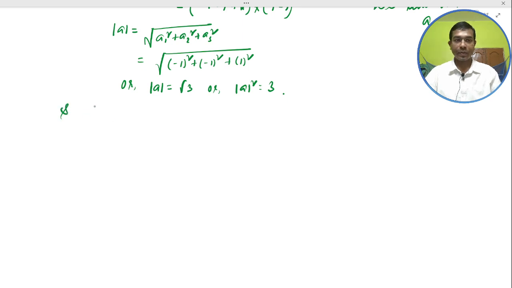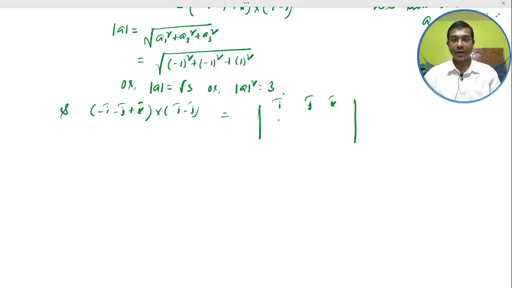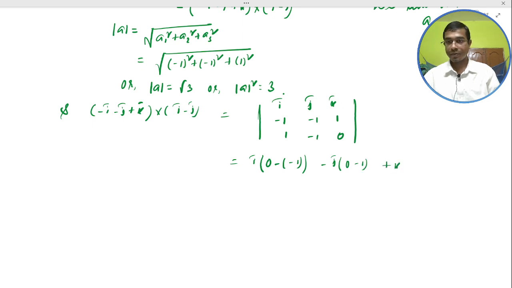And (minus i minus j plus k) × (i minus j) is written in determinant form, with i j k and the components minus 1, minus 1, 1, and 1, minus 1, 0. Split this: i into (0 minus 1), minus j into (0 minus 1), plus k into (1 minus minus 1).